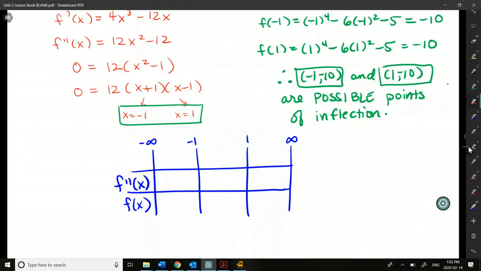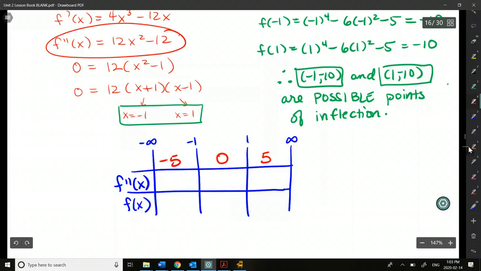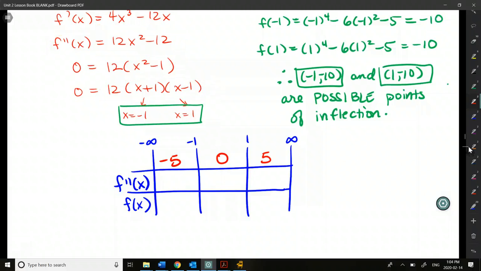So choose some test values here. And we're going to plug them into the second derivative, either in its expanded form, or you can use the factored form if you want, whatever works. I think we will get positive, negative, and positive here.